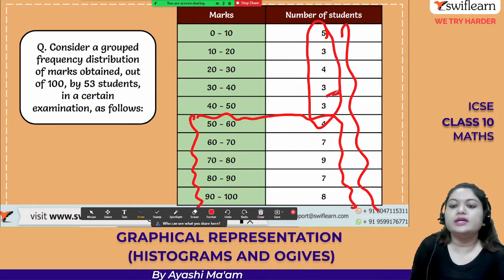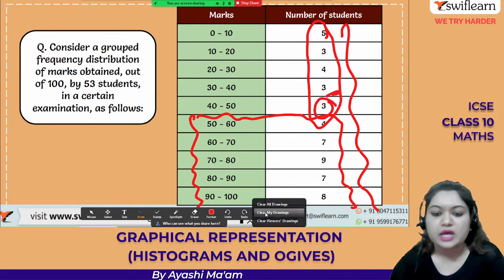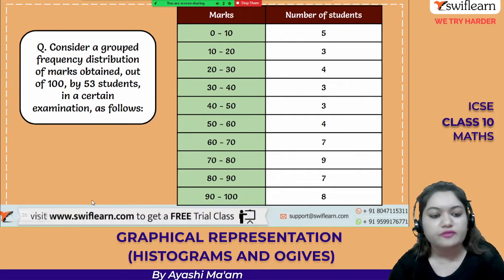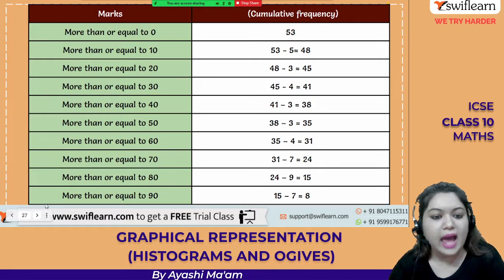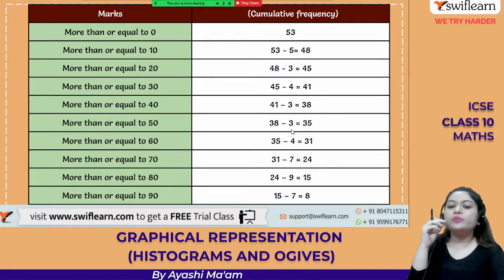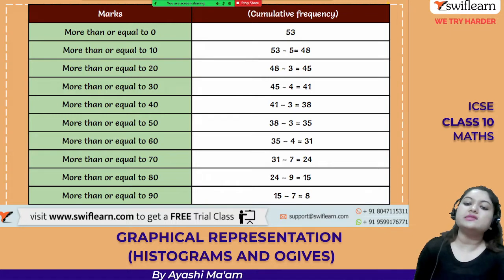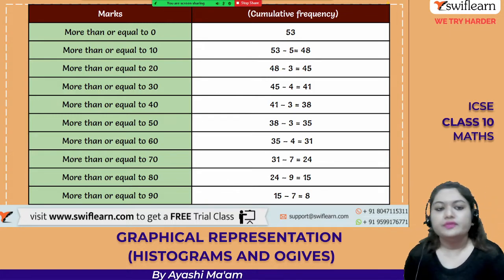So in the less than type, we were adding it, and in the more than type, we are simply subtracting it. So 41 minus 3 was 38, and then 38 minus 3 will be 35.